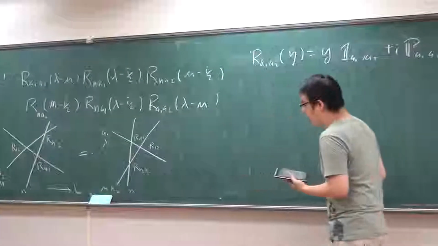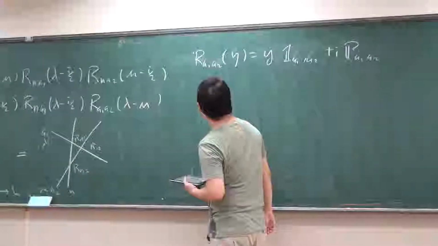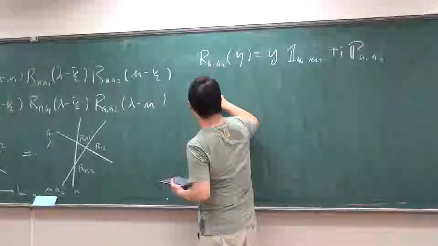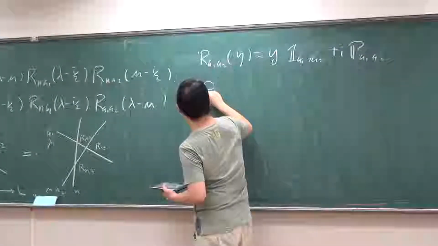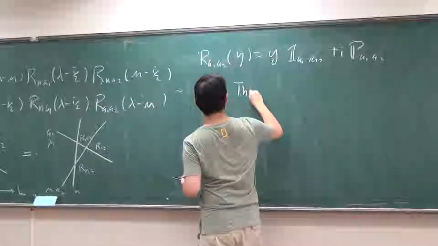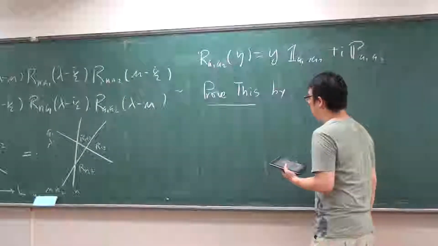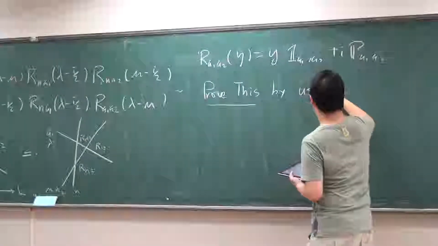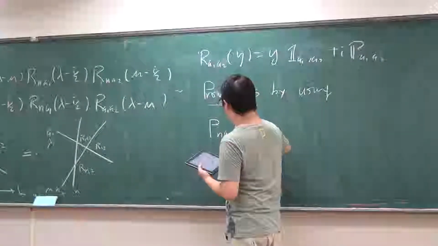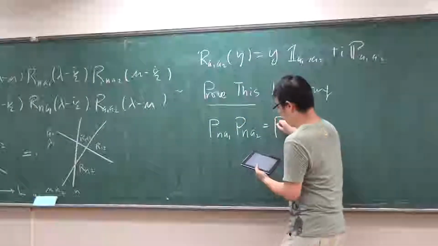But if you want to prove it just straight from multiplying the matrices, then you can prove it by using, for example, the obvious property of a permutation operator.